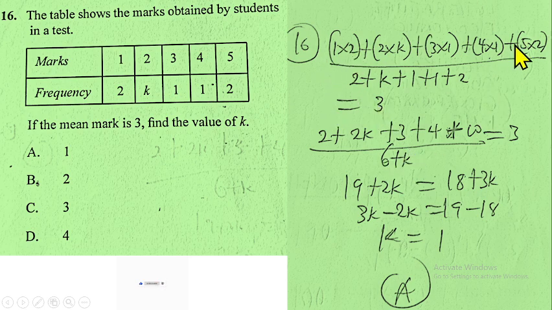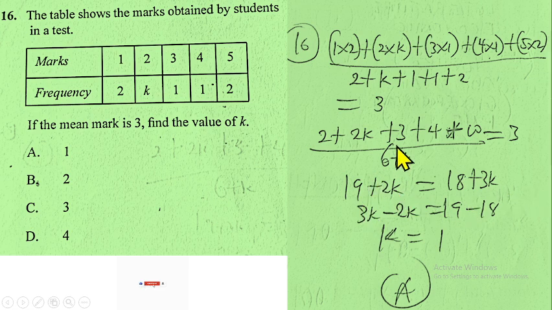If you simplify the numerator, we have 1 times 2 gives us 2, plus 2 times k gives us 2k, plus 3 times 1 gives us 3, plus 4 times 1 gives us 4, plus 5 times 2 is 10, over 6 plus k, equals the mean, which is 3, given to us.